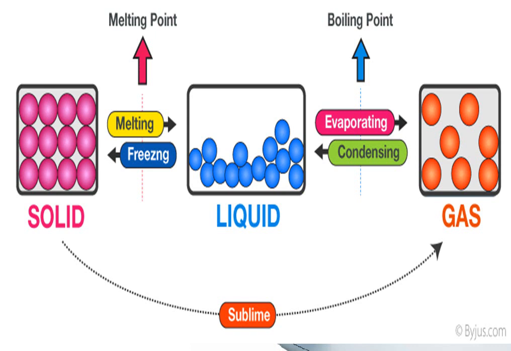When liquid converts into gas, that is called evaporation, and the temperature at that point is called boiling point. And when gas converts into liquid, that is called condensation. But when solid directly converts into gas, that process is called sublimation. And when gas converts into solid, that process is called deposition.